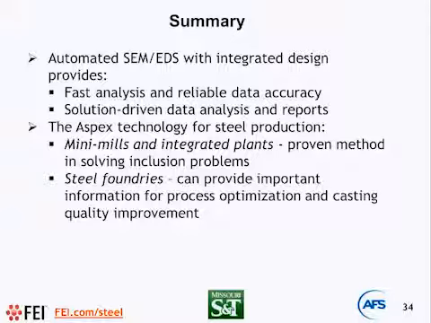Well, I guess the question is about using a light microscope, how to get quantitative data. I think as the light microscope stands today, it does a good job of detecting inclusions, but it doesn't provide the chemical composition of the inclusions.